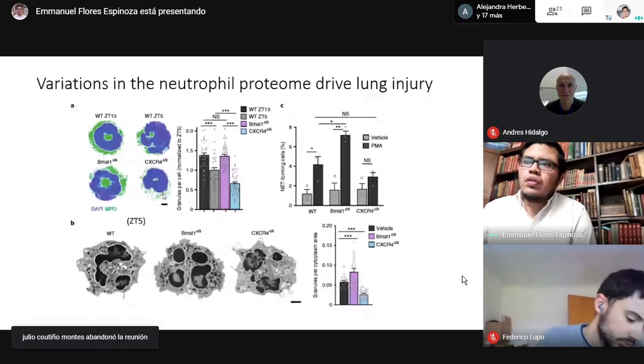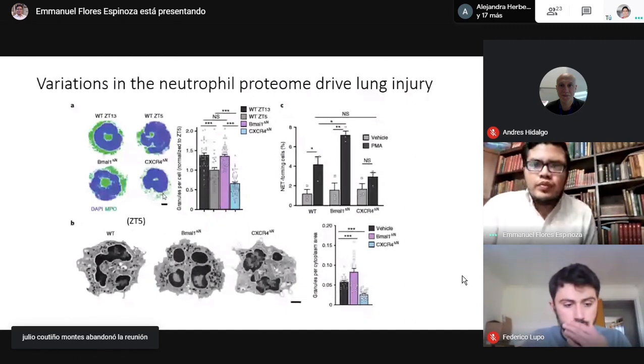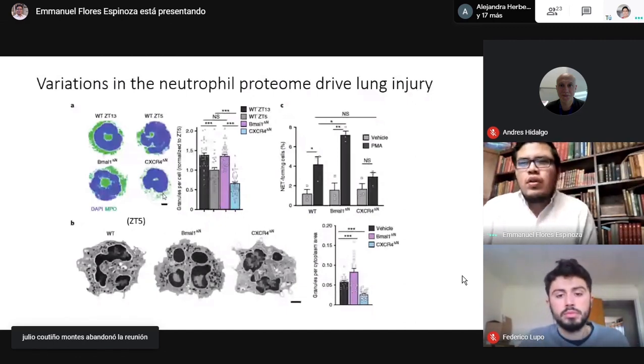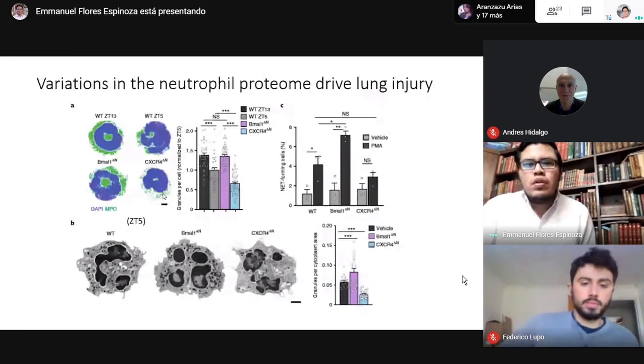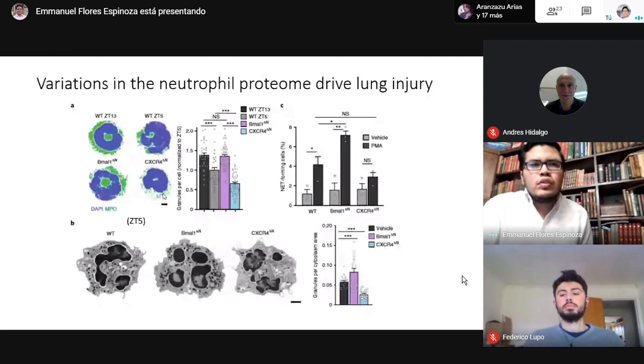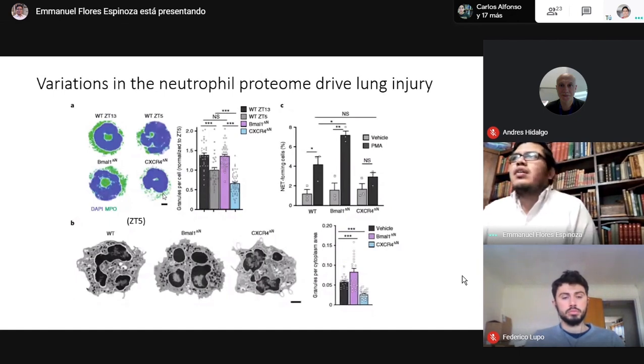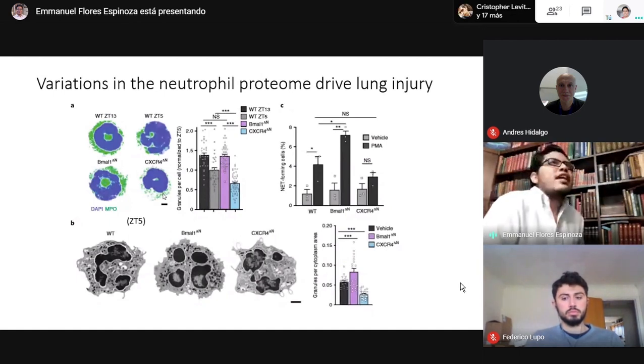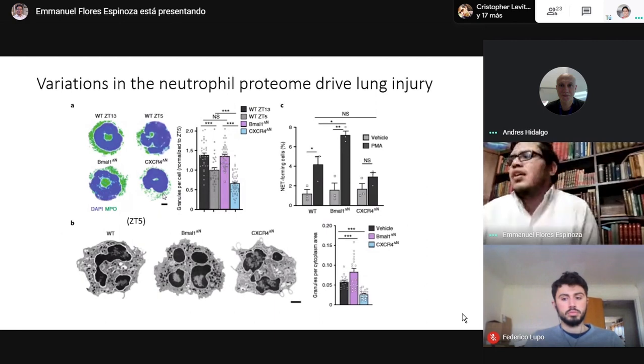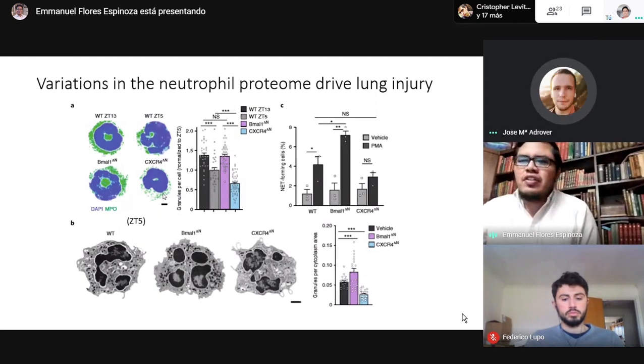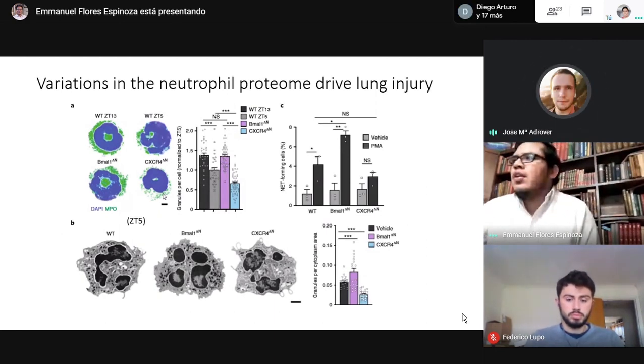I don't know if the authors tried this, but it could be that the NET formation is just delayed in this mouse model. Oh, like a second wave of neutrophil recruitment? Mm-hmm. Yeah, that's a possibility.